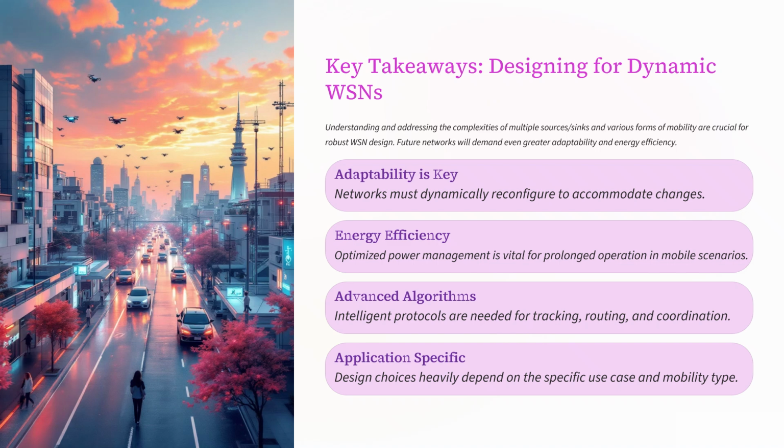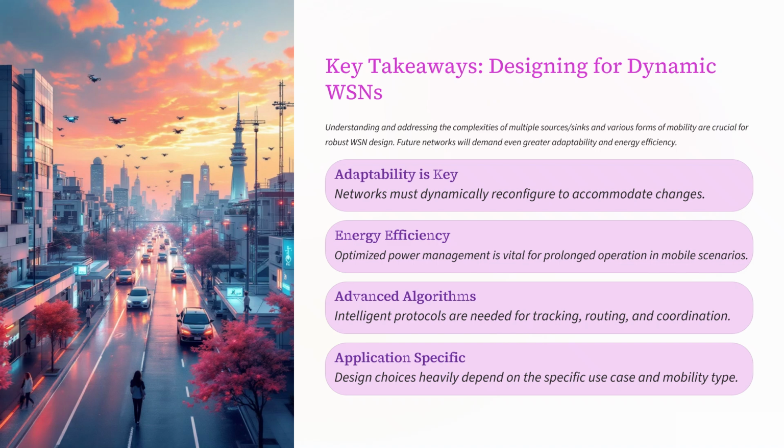The last point is application specific. Here we have different mobilities and different topologies can be arranged for monitoring the environment. Design choices depend upon the specific use case that you are going to apply and the mobility type. For example, if I'm going for monitoring of an agricultural field, we'll deploy the sensors physically and the sensors need not be mobile in nature.